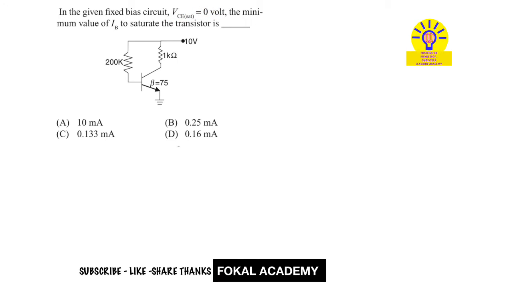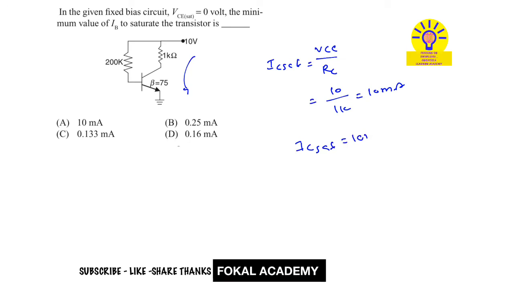We know that IC saturation, in this loop, we'll get VCC by RC. So that equals 10 by 1K, that equals 10 milliamperes. So this is the IC saturation value, that is 10 milliamperes. At this IC saturation value, find the base current.